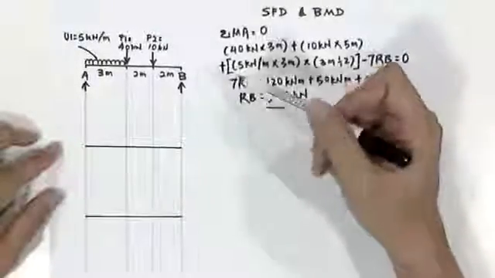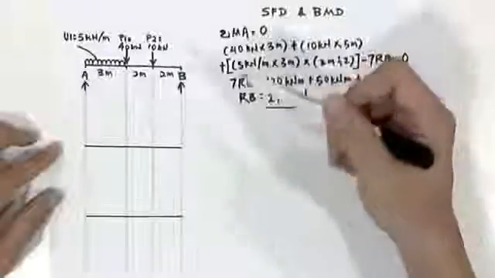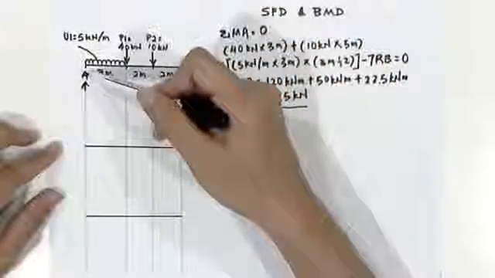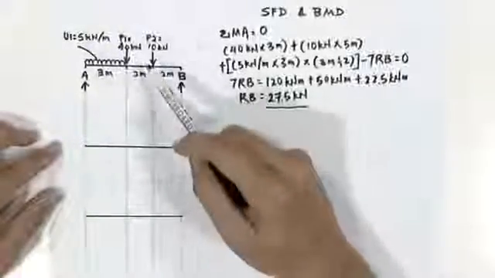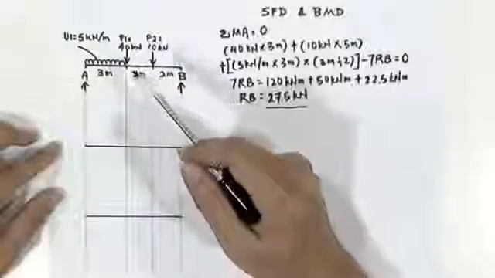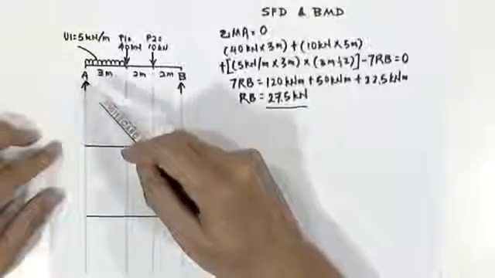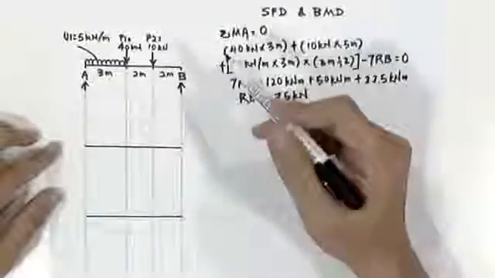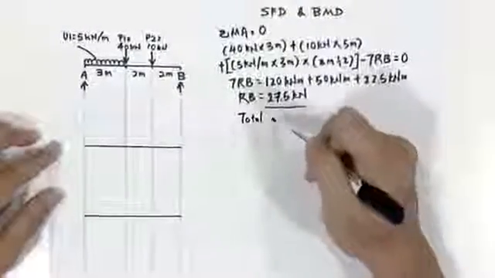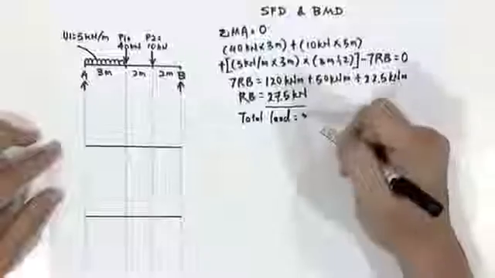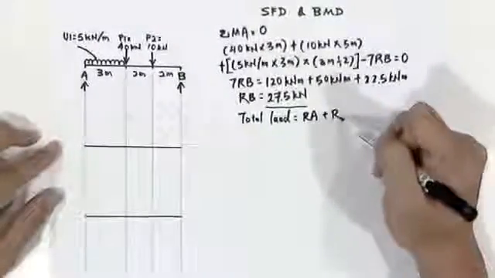Based on the equilibrium theory, we know that whatever load is acting on the beam will be counter-reacted by the reaction force from supports A and B. Therefore, the total imposed load on this particular beam equals reaction force A plus reaction force B. Therefore we know that total load equals RA plus RB.